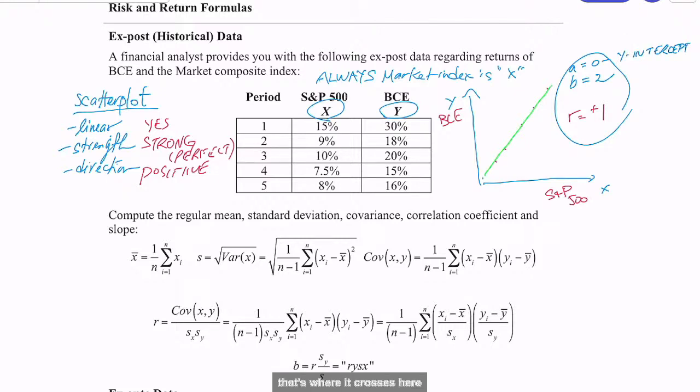That's where it crosses here. And this is the slope. So you found it all. The slope is the sensitivity of BCE returns to market returns, or market behavior, market performance.